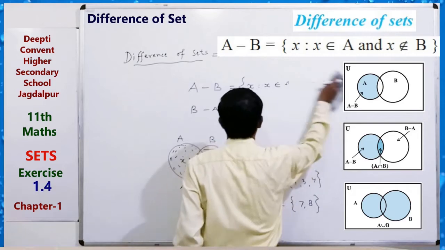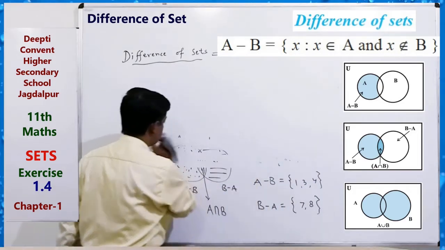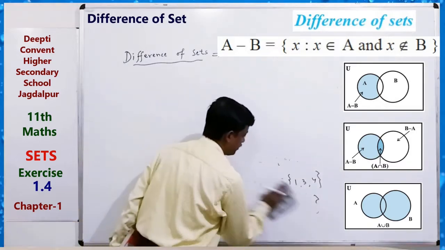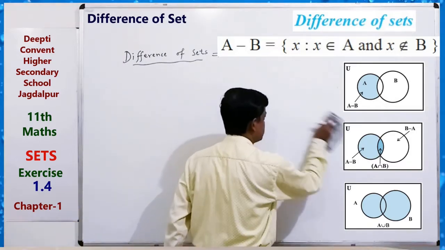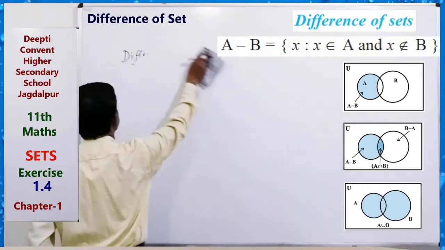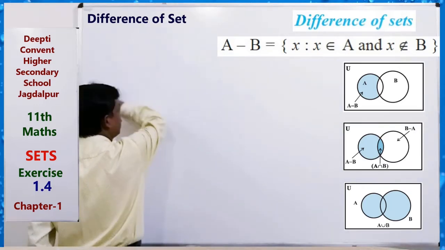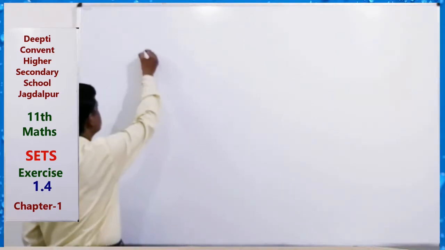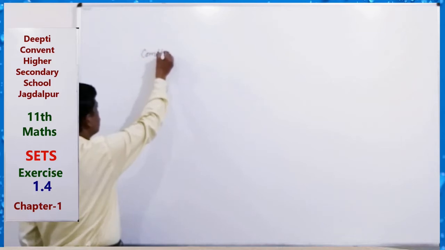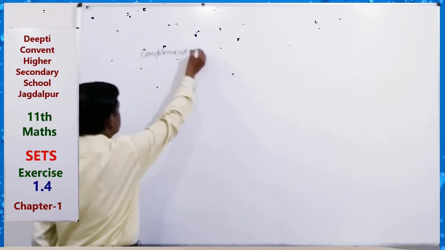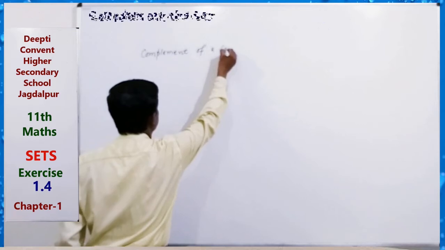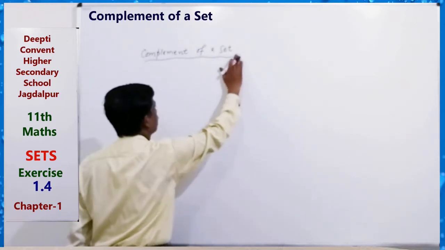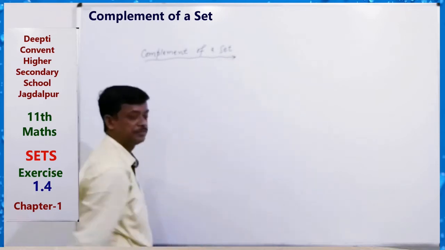Okay. Now one operation with sets is remaining, that is complement of a set.